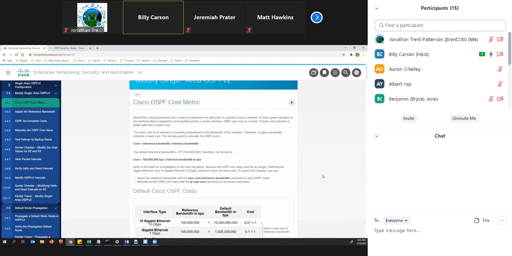So the cost matrix is based off of a formula. Cost is the route it's going to pick. Remember when we talked about Dijkstra's algorithm, the algorithm it uses for how we're going to route through? It's the same as a GPS.